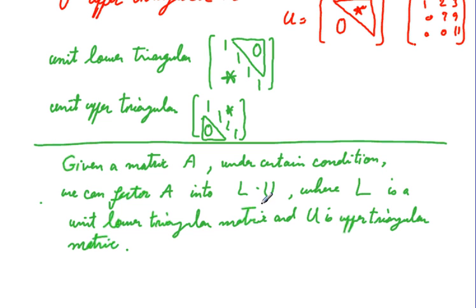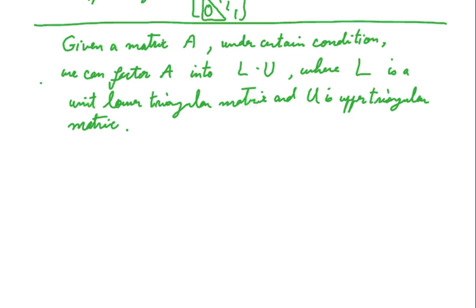But the notation used in this course is L times U, and that's the more famous one. The way I'm going to go about this is to give an example first, and then, hopefully, if we have time, explain why it works.